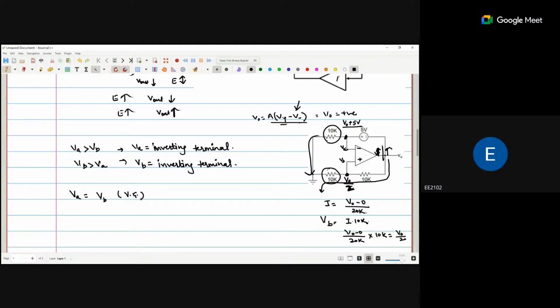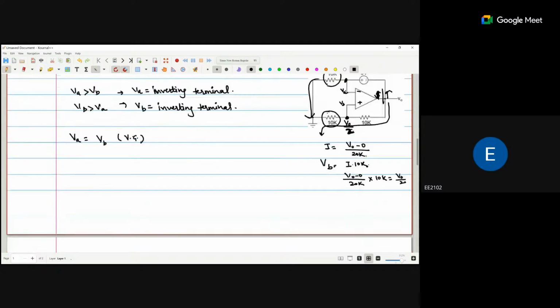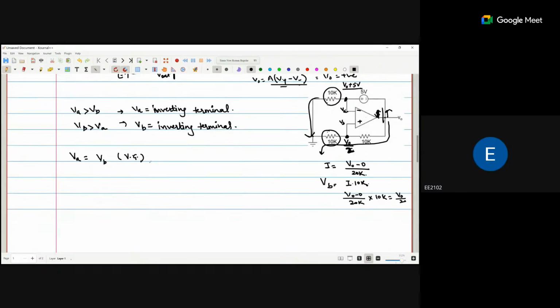Now what is VA? V naught plus 5. And what is VB? V naught by 2. If I solve this, V naught minus V naught by 2 is equal to minus 5 volt, or V naught by 2 is equal to minus 5 volt. That means V naught is equal to minus 10 volt.